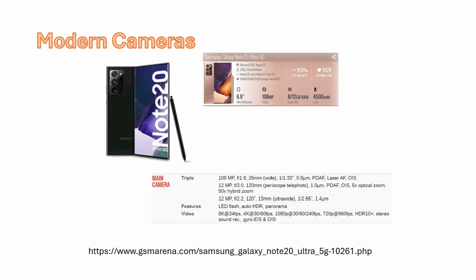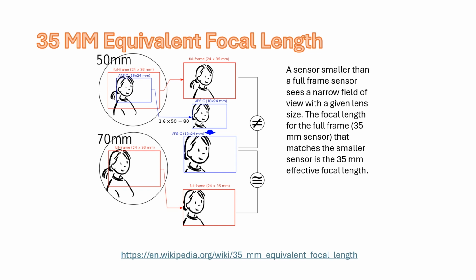So you might wonder how a cell phone could have a 120 millimeter focal length lens. Focal lengths quoted for consumer electronics are often 35 millimeter equivalent focal lengths. This means that if one imagined that one had a sensor that was a 35 millimeter sensor, what focal length would give the same field of view as the much smaller focal length and the much smaller sensor gives in the consumer device?